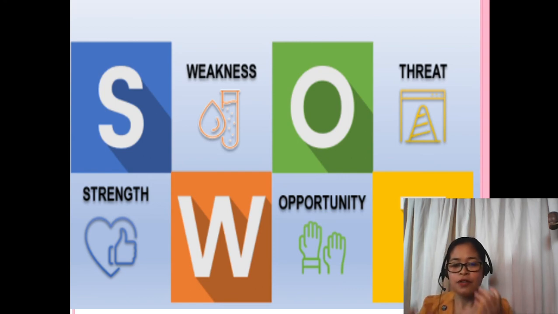Given that you have extra capital, you scan the environment and there comes a business closing. That can be your opportunity to buy out. So you are going to match your strengths versus the weaknesses or the threats outside. So we have to match.